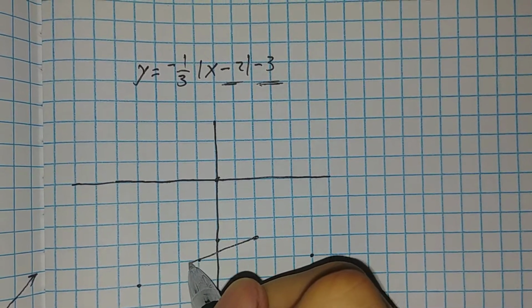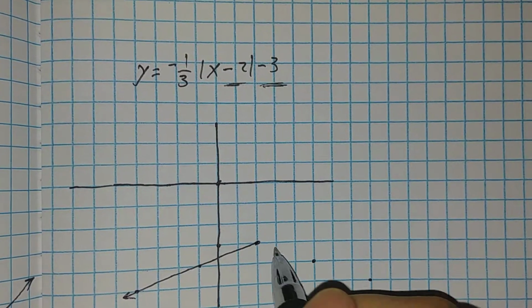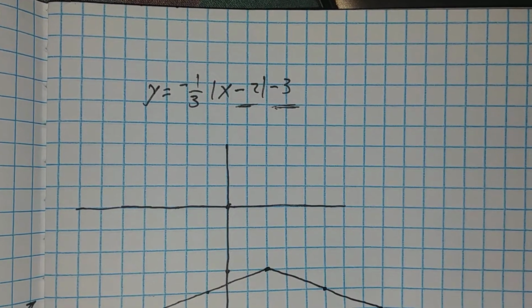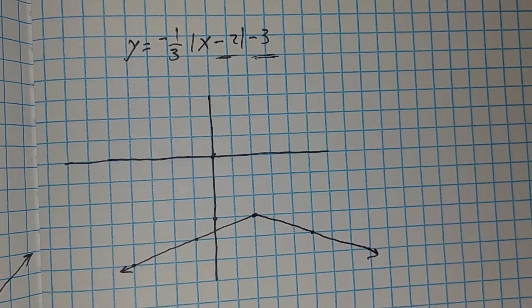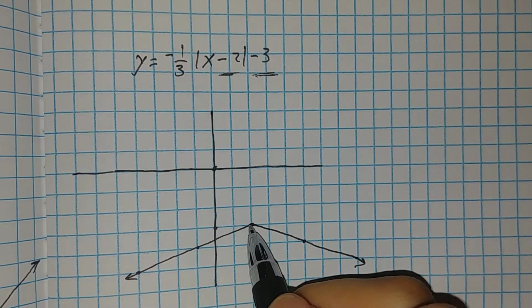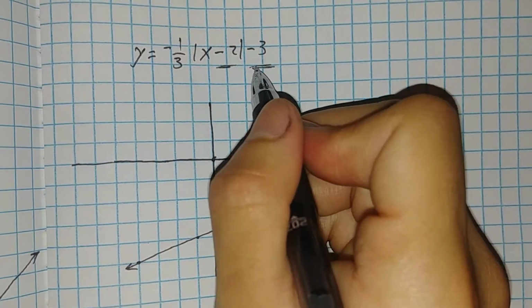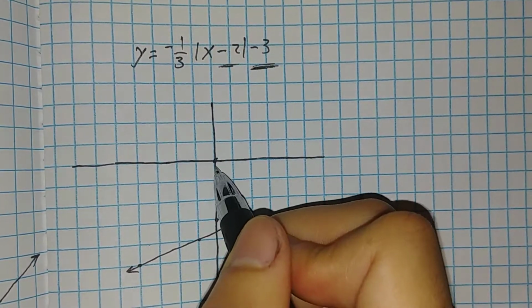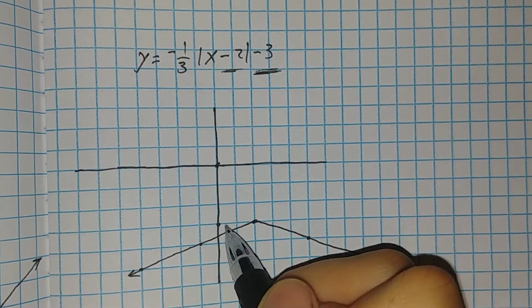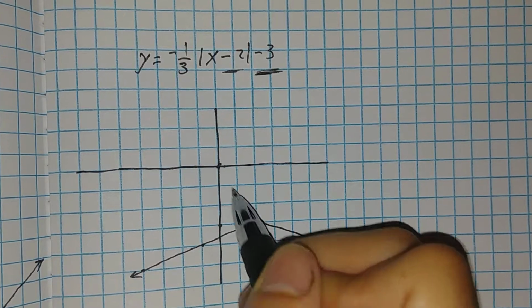So my graph looks like this. This is my graph. Again, how did I get to this point? I know this is 3 units down, and this is 2 units to the right.